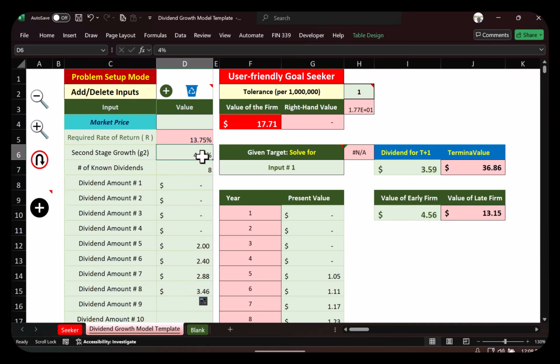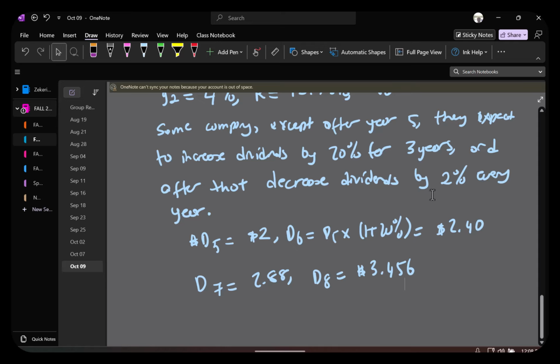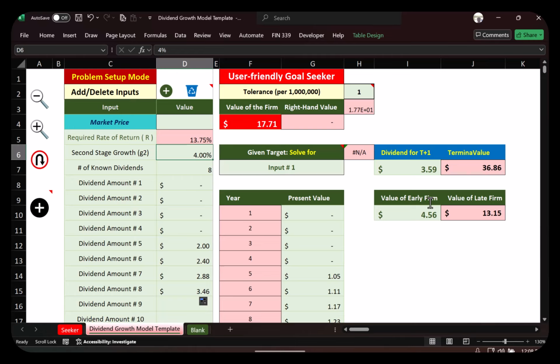And what did they say my growth rate was going to be? Decrease dividends by 2% after that. So what's my growth rate in the second stage? Hmm? No. If I decrease dividends, it's a negative growth. So it's going to be negative 2%.